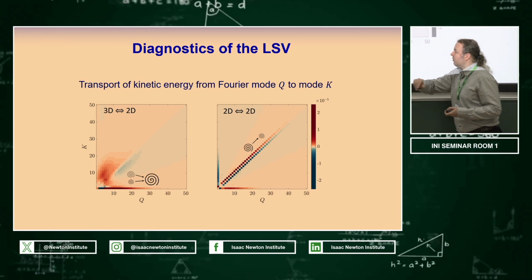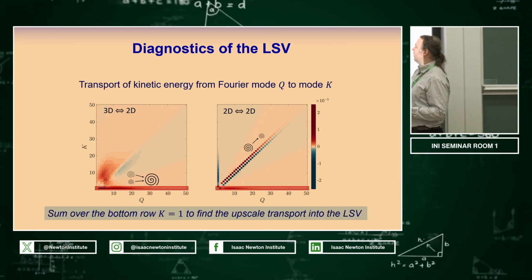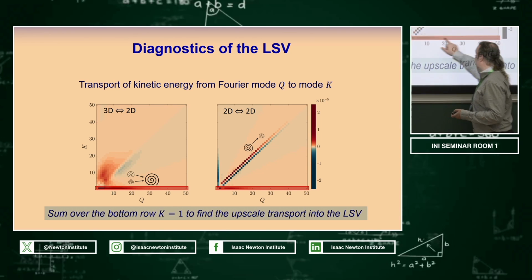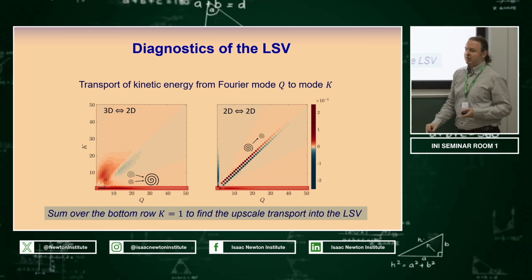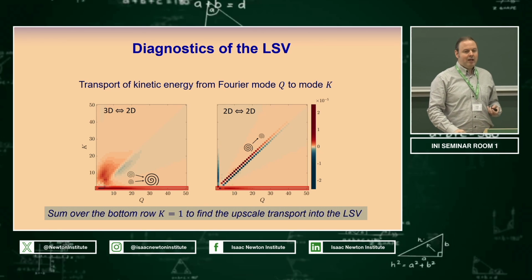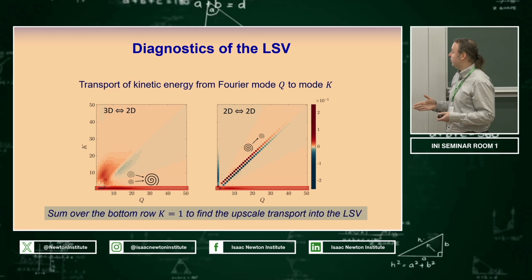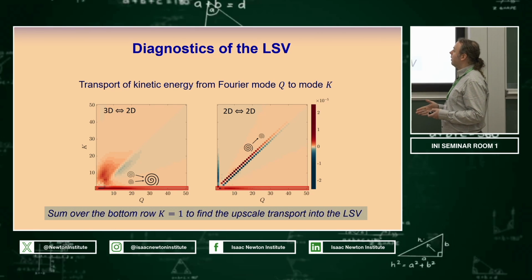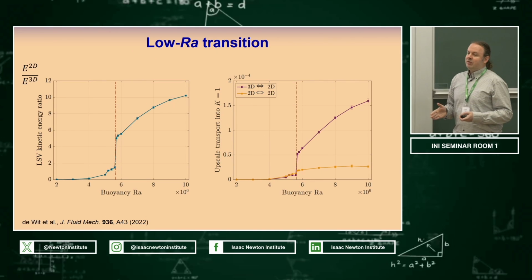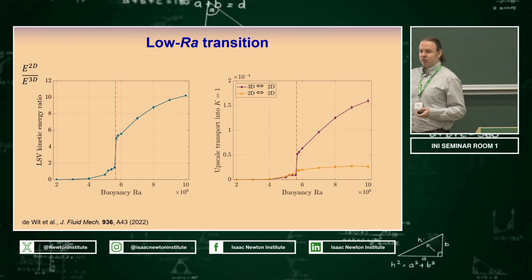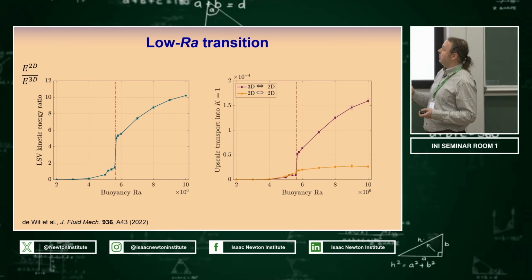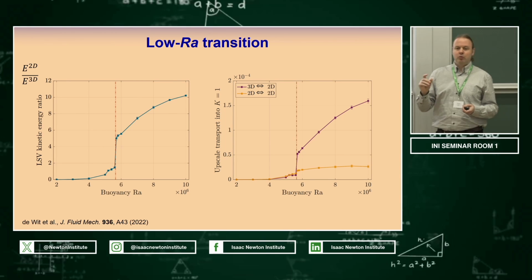Now we can further quantify this by adding up all the contributions to this first mode, and this will be the energy transfer into that mode. So now we are ready to have a look at the transition in a bit more detail, and I will start with the low Rayleigh transition.